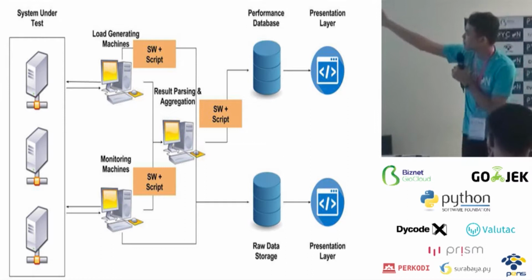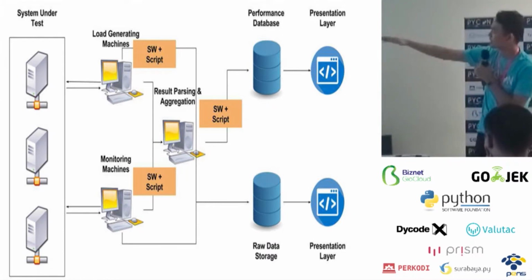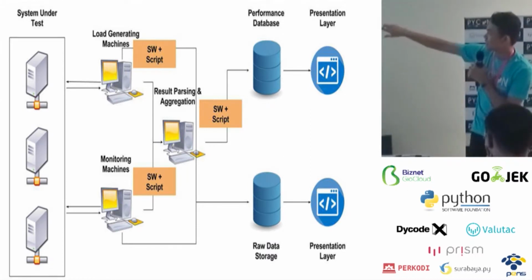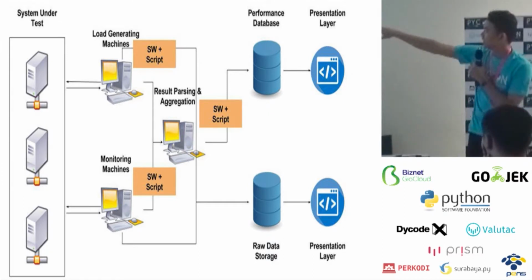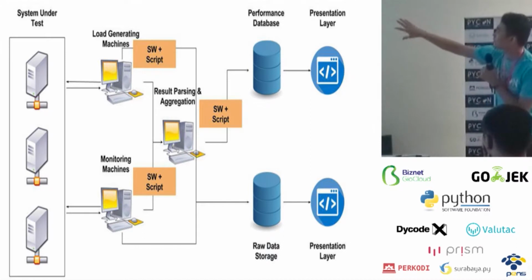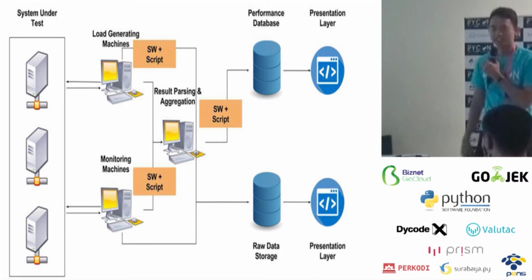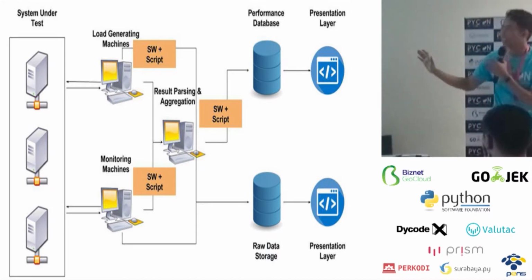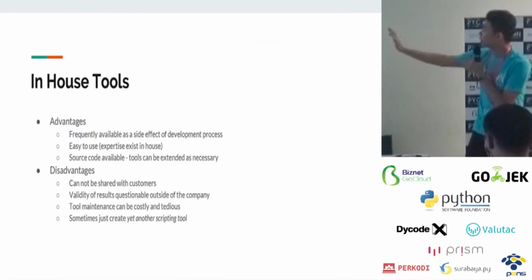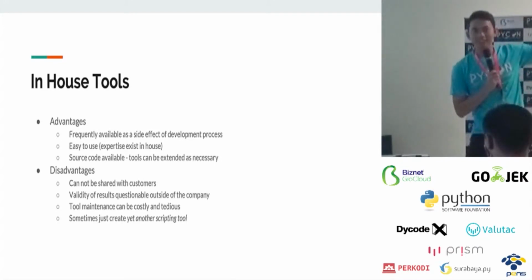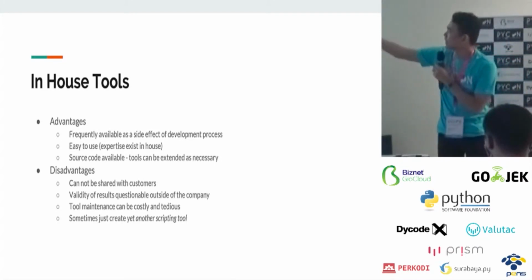And we have load generating machines, and then we have monitoring machines. And those 2 machines give the data to result parsing and aggregation, and then all the data is saved into the database, and we can access it via presentation layers. It is an ideal case. But sometimes, maybe for a small exercise, you don't need the left-hand side, so you just need some of the right-hand side.